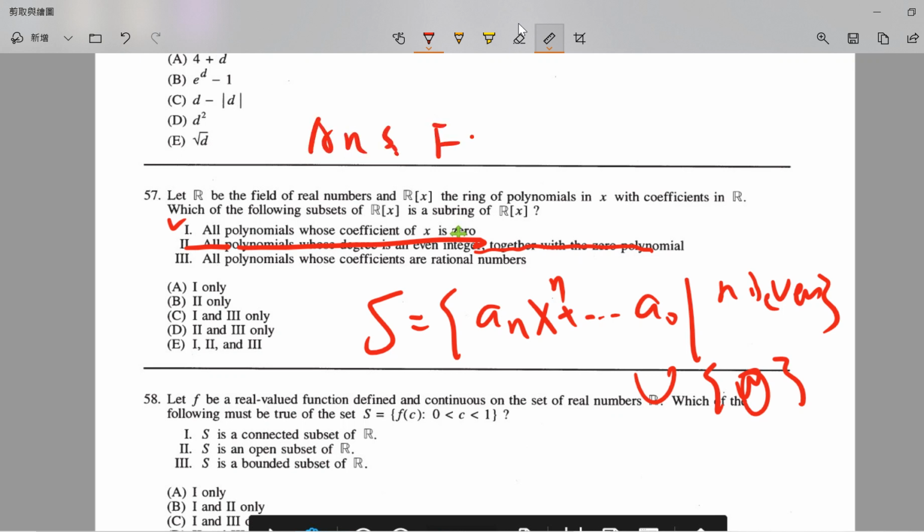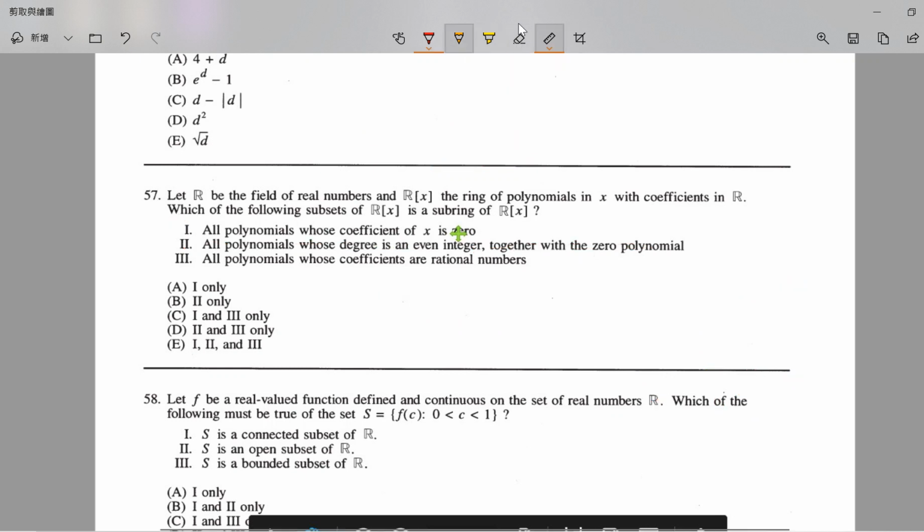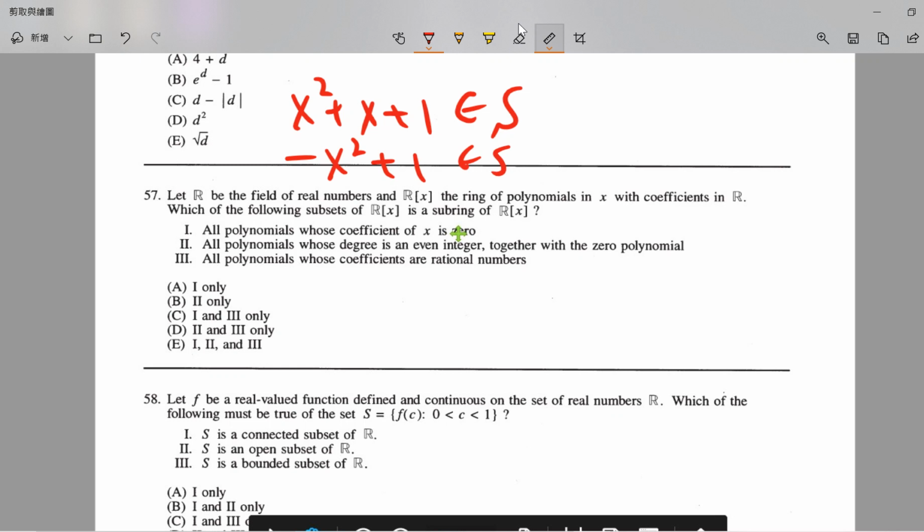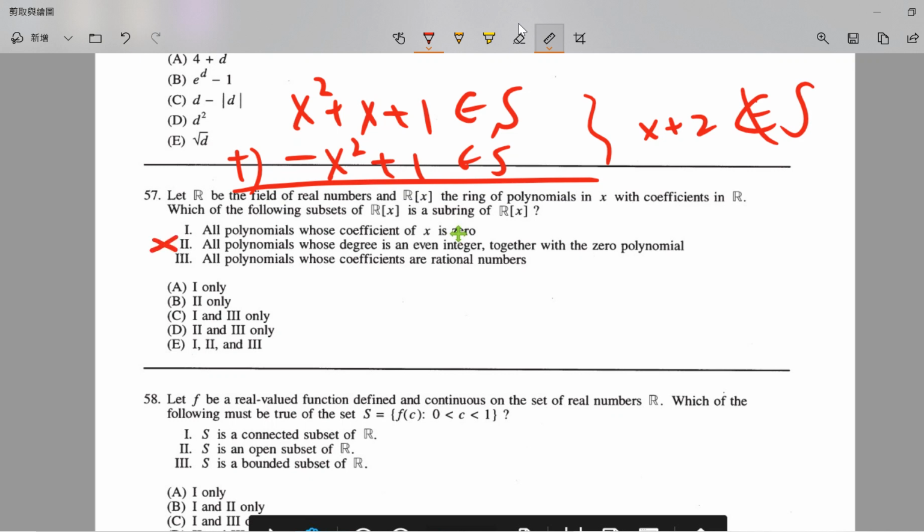The answer is false. The reason is simple: x squared plus x plus 1 belongs to S, and minus x squared plus 1 belongs to S. If added together, you get x plus 2, which does not belong to S. So this is not okay.